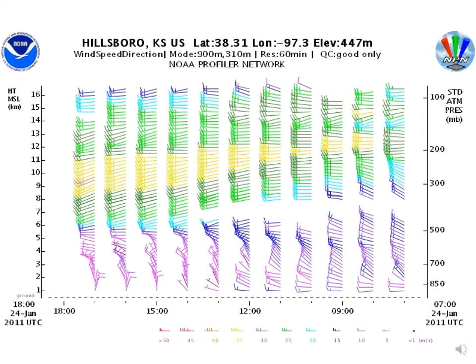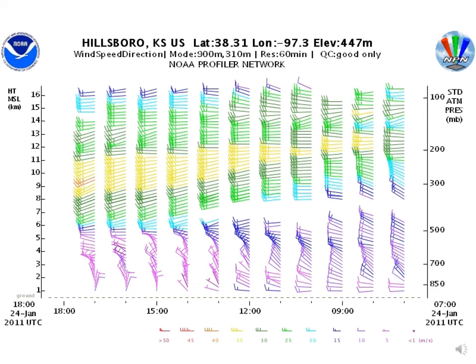At the same time that this cold front was passing over the site, the winds above the site were actually developing stronger. At the initial time period over on the right, the strongest winds were 30 meters per second and were located at about 20 kilopascals.